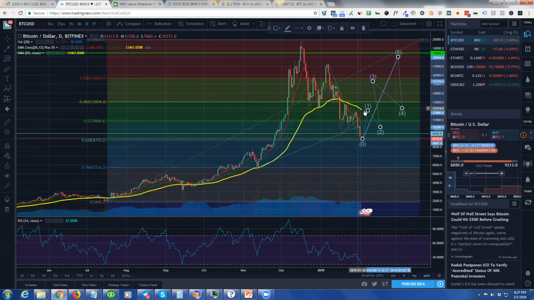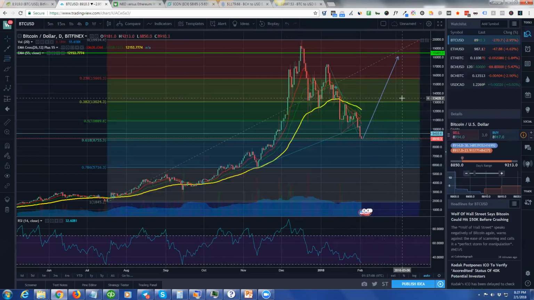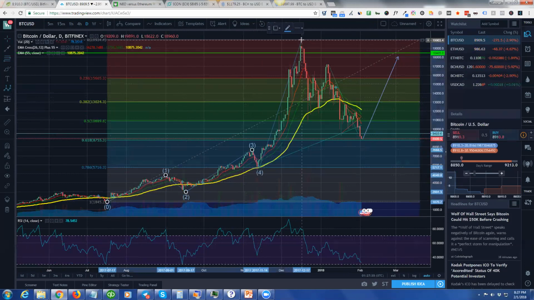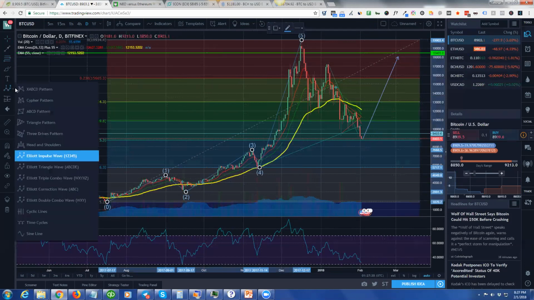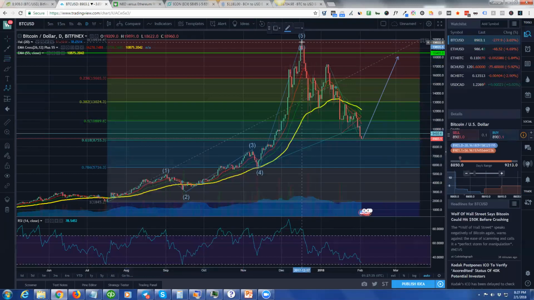But now I just want to kind of show you here. This is another tool that I use, but we can see that it typically goes up in 5 waves. So if we kind of start here, 1, 2, 3, 4, 5, and right up top there. And then we had our pullback, which we're looking at somewhat of our correction, which I'm kind of drawing out, what we call Elliott wave. And again, this is something that I look at.